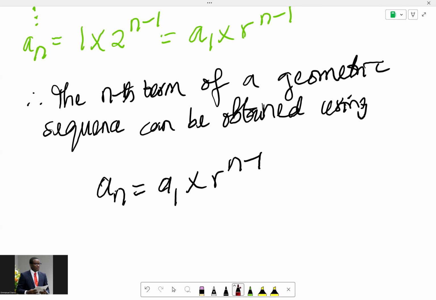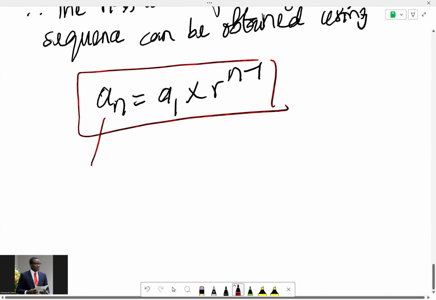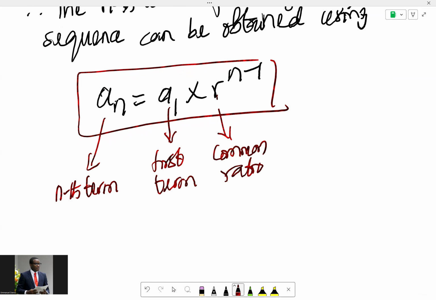So this is the formula for a geometric sequence. This is the nth term, this is the first term, this is the common ratio, and n is the number of terms.